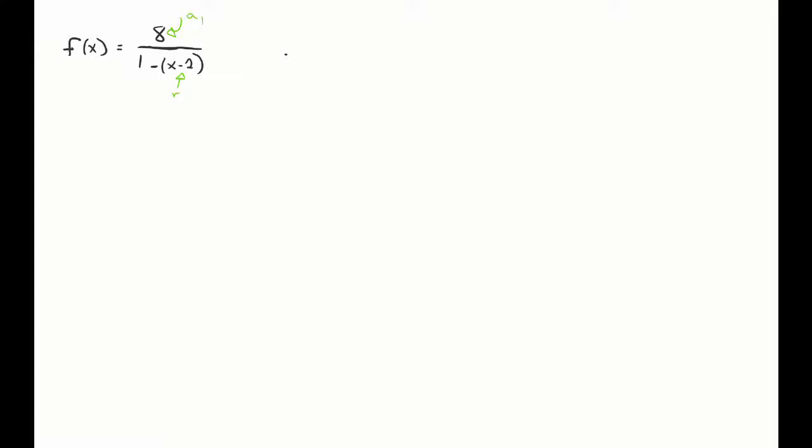In fact, it can be written as the summation for k equals 0 up to infinity, where a is 8, r is x minus 2, to the k power. So it can be written as this.